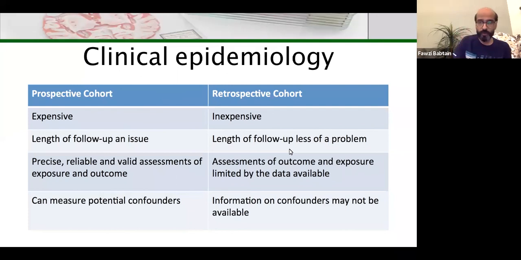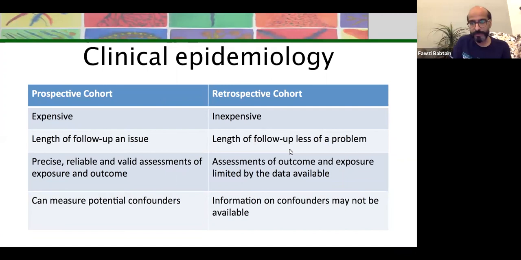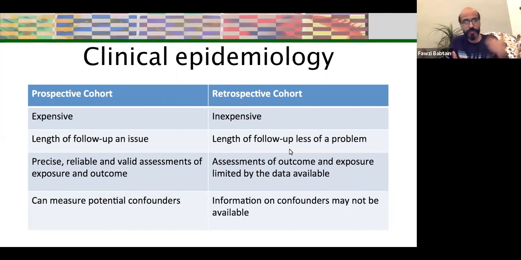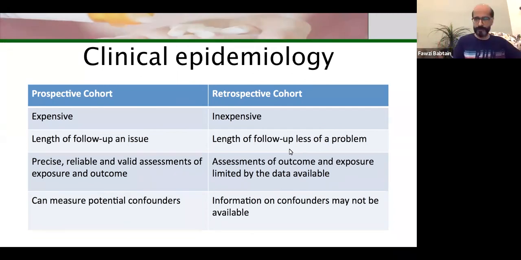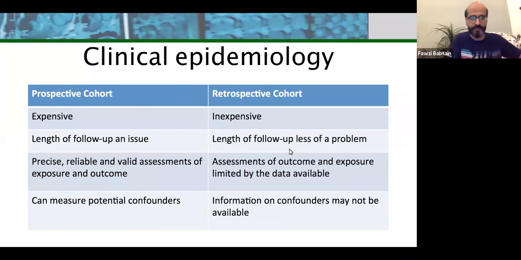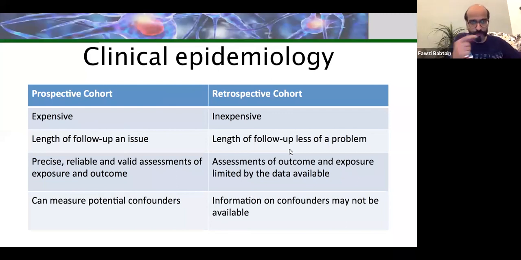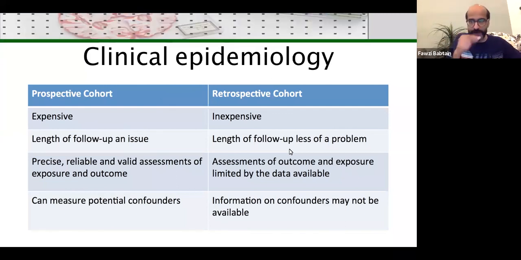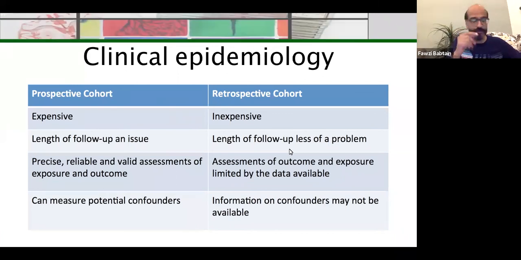Prospective, how long you will follow patients can be a tricky thing, while retrospective is not a big deal, you go backward and I have 10 years of records, I can collect the data from. Prospective is precise, reliable, and really good for temporal association. Retrospective is good, but sometimes you have limited access to data.